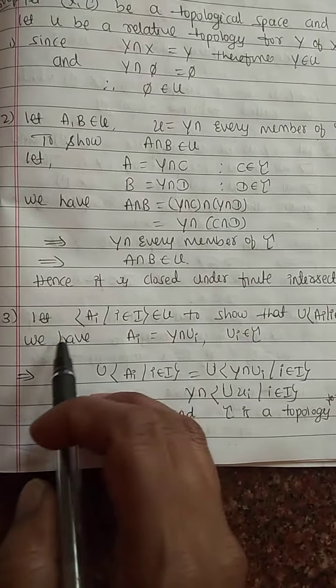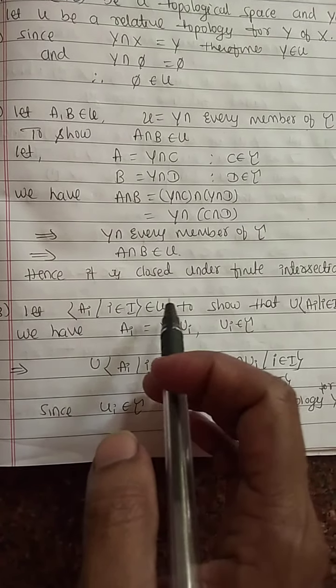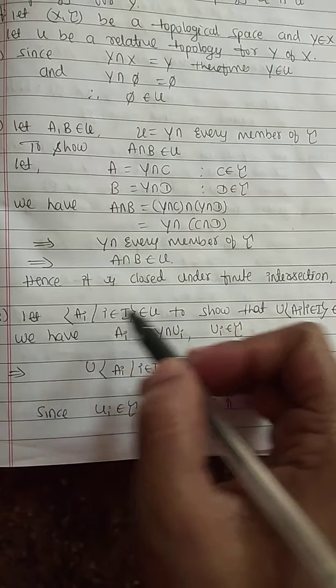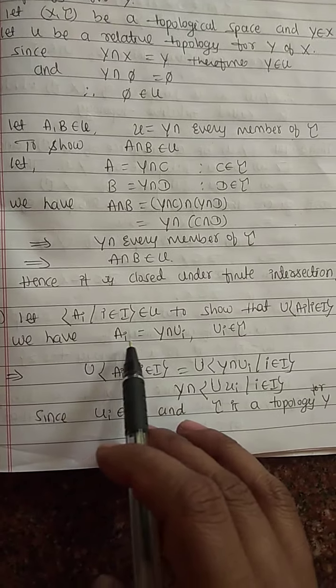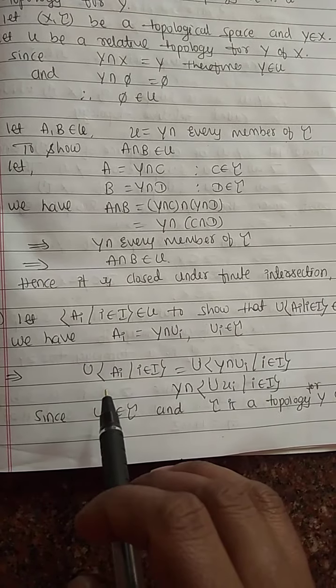Let the collection of A_i such that i belongs to I belong to U. Here we have to show that the union of this collection is also a member of U. We have A_i equals Y intersection U_i, where U_i belongs to tau.